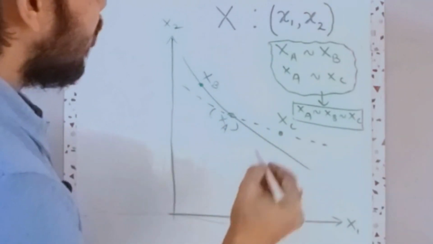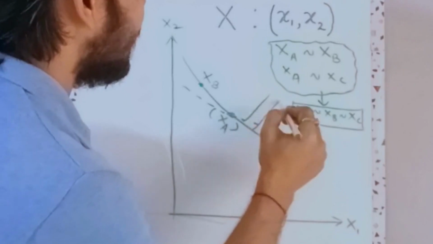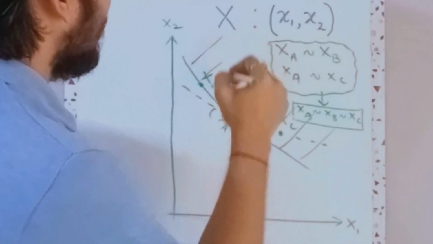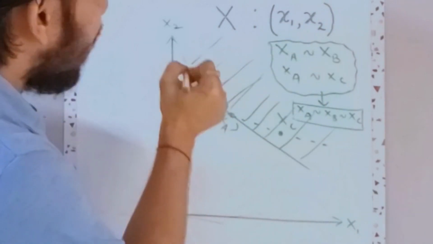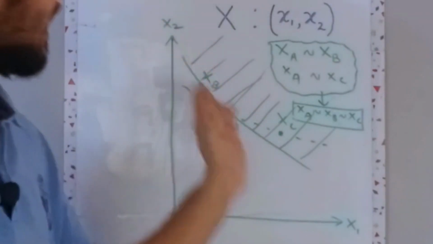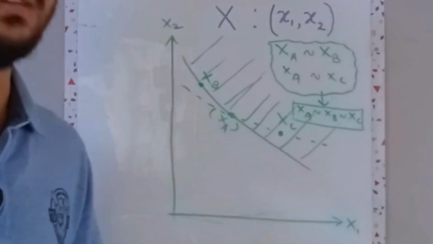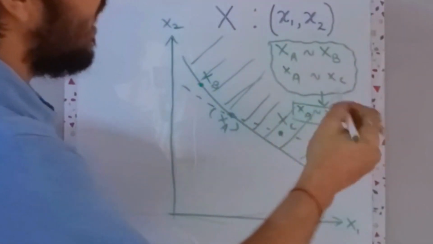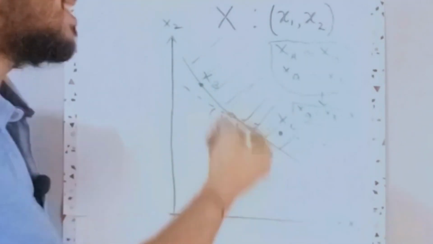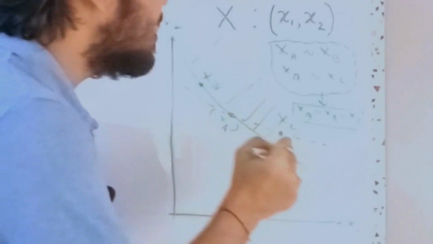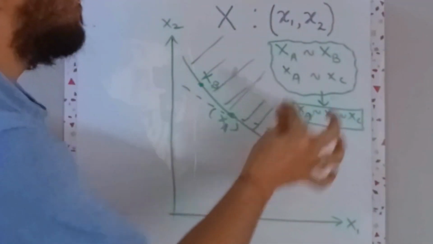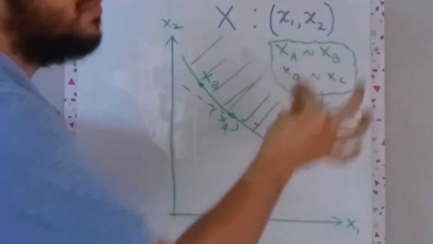It doesn't. Because why? Because if I think about my weak preference set, I know that the boundary is your indifference curve or your indifference line or your indifference consumption bundles, and above what you will have is your strict preference, because your weakly preferred set contains the indifference curve. And if you take out the indifference curve and just think of the upper part, that will be your strict preference.